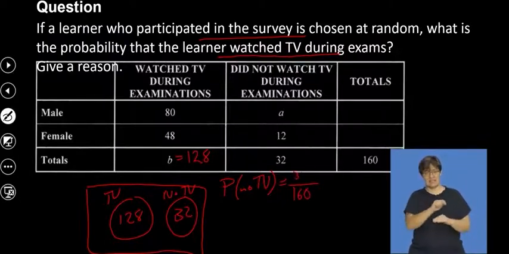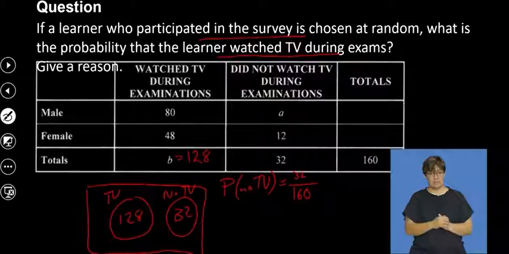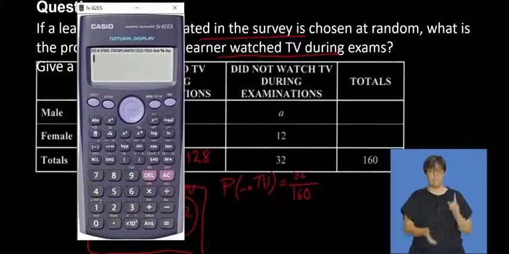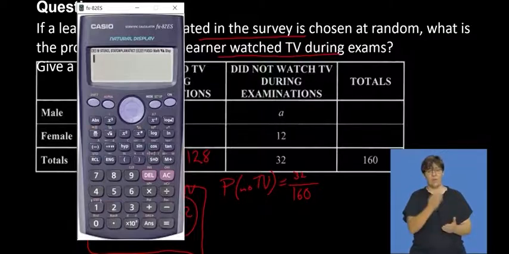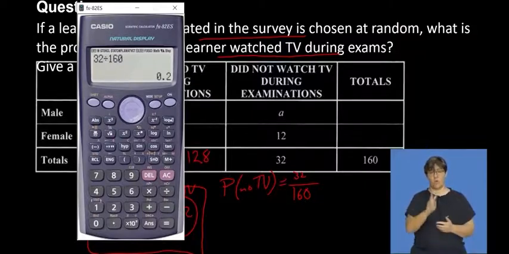If we use the calculator, we want 32 divided by 160, and that's equal to 1/5, 1 in 5, or 20%, 0.2.